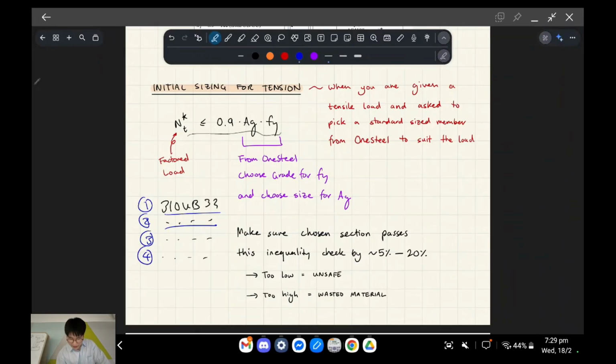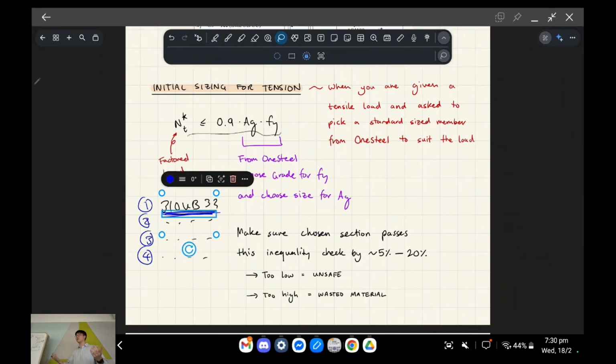Let's say number 2 is the most cost efficient one we can get away with, but it might cause us problems down the line because the architects might move everything around, and we might be screwed. So we're going to go with one that's bigger, because if it's bigger, there's more room for error. If loads increase, we're not screwed. Do you know what I'm saying?